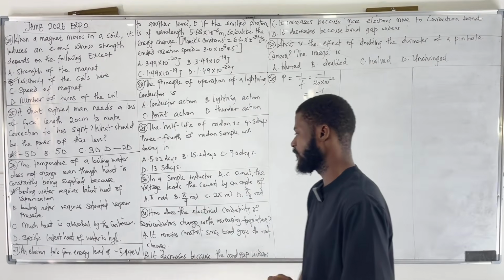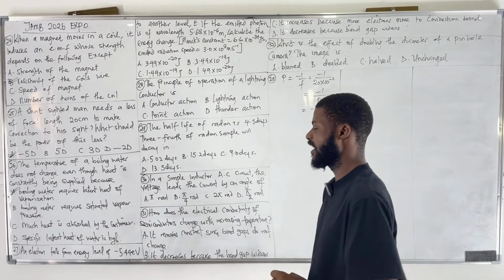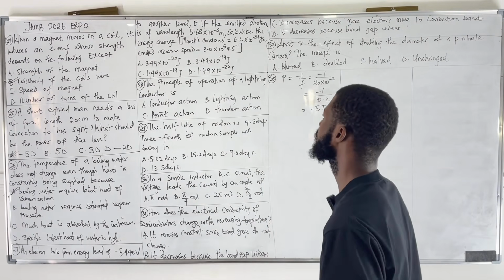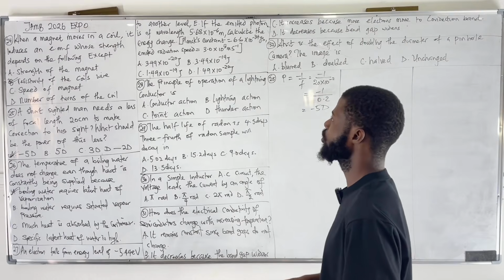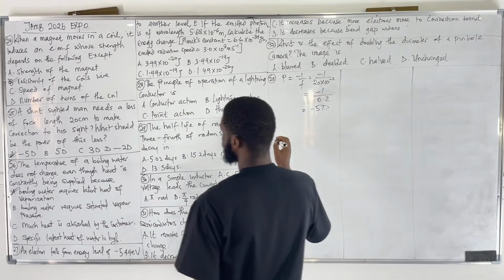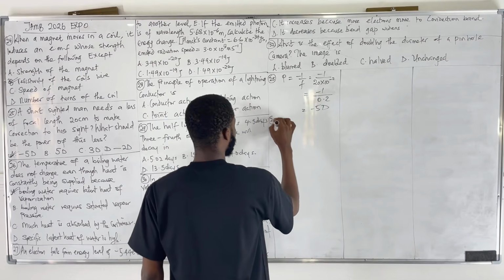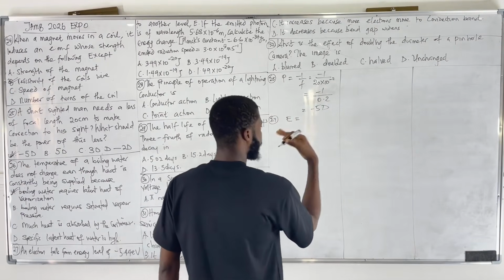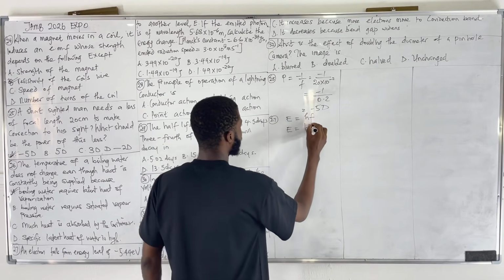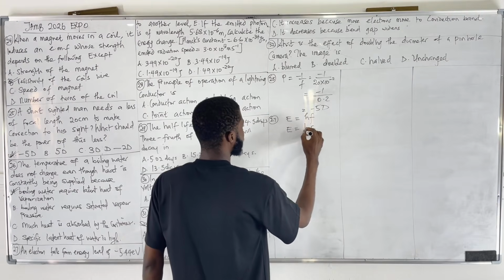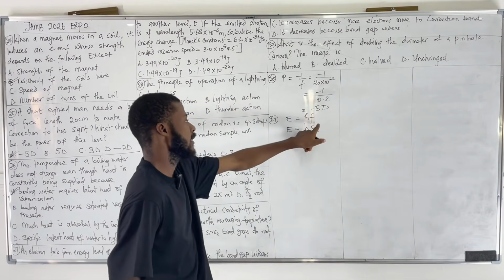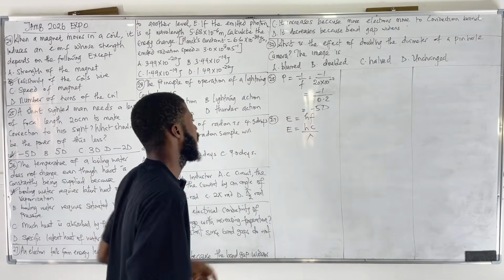Now, an electron falls from an energy level of minus 5.44 electron volts to another level E. If the emitted photon is of this wavelength, calculate the energy change. That's question 27. The energy change is hf, and since we're not given f, it becomes hc over lambda, because frequency is c, the velocity, over lambda.